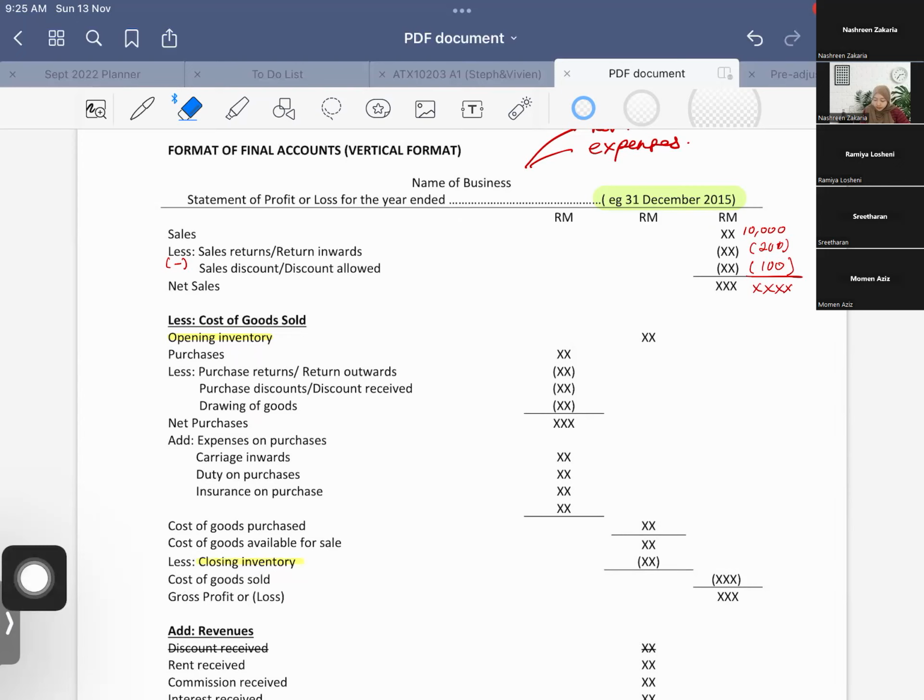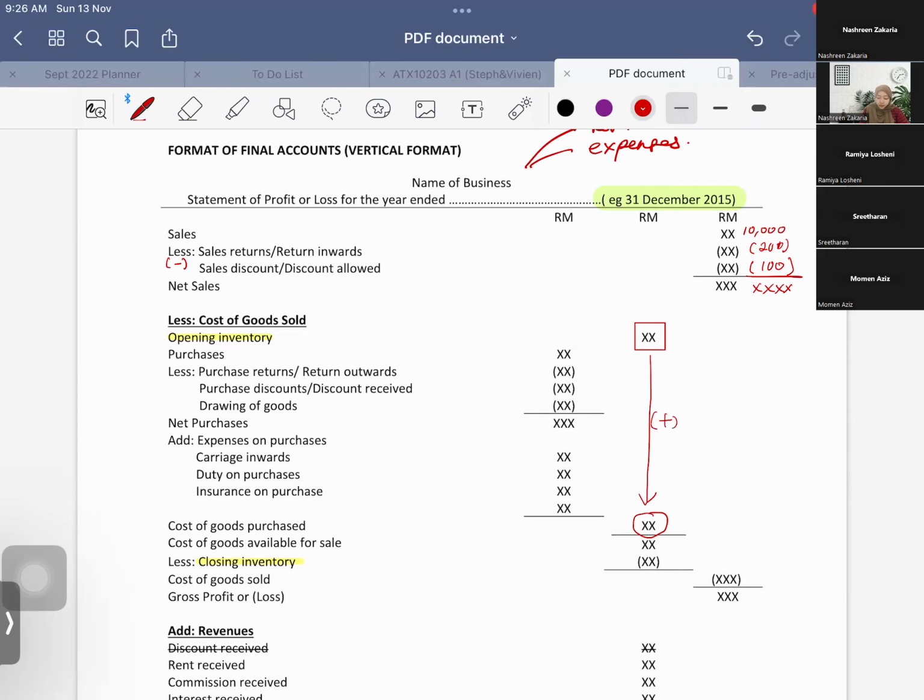See, look here. This is the opening inventory value. Why do you put it at the second column? Because later on you need to plus it with your cost of goods purchased over here. You need to plus this.